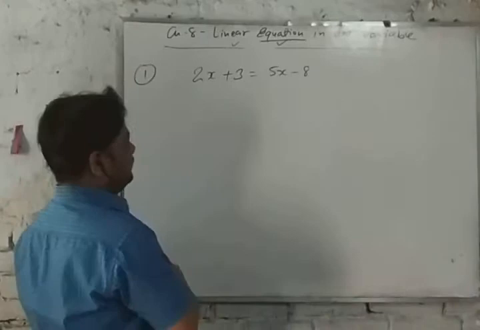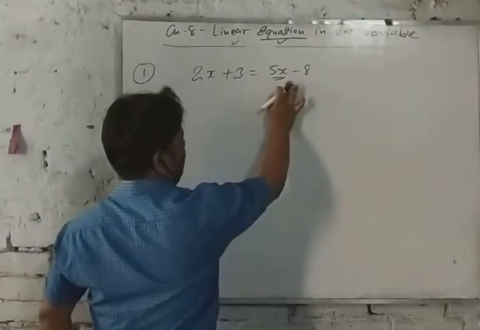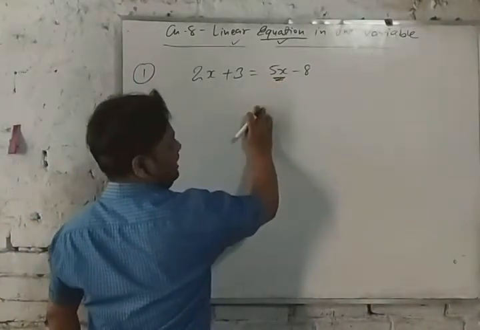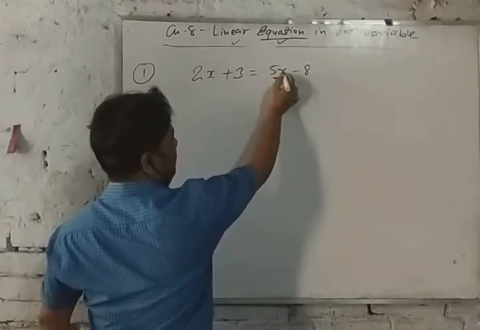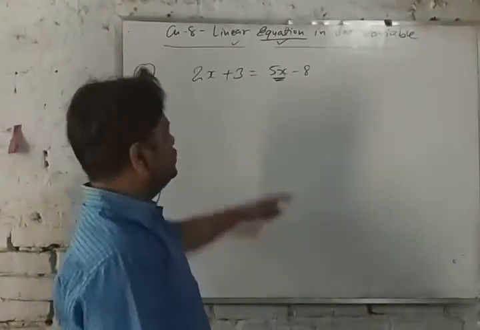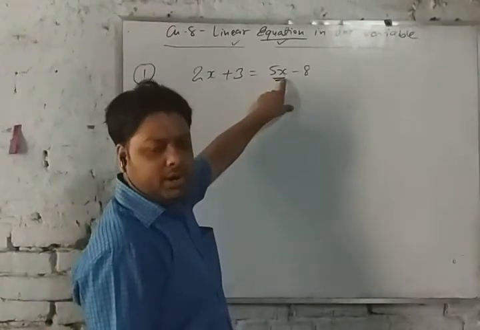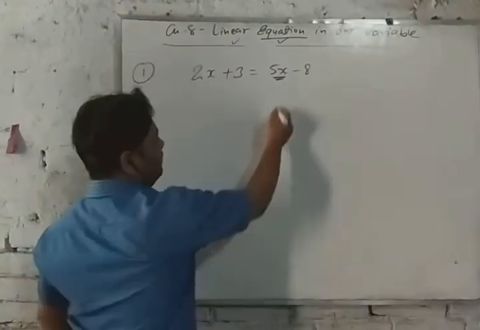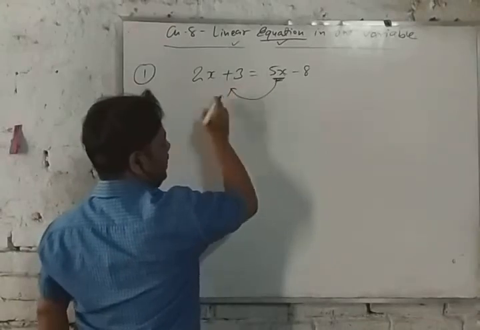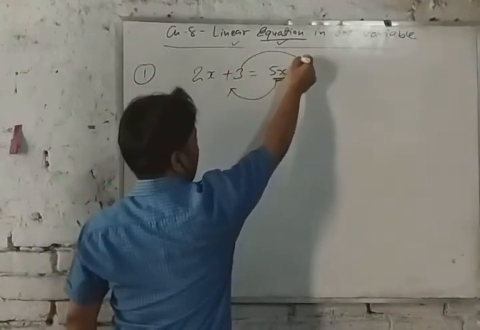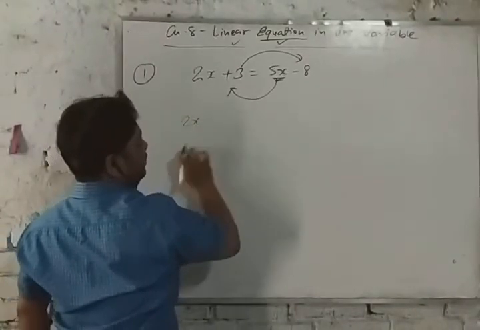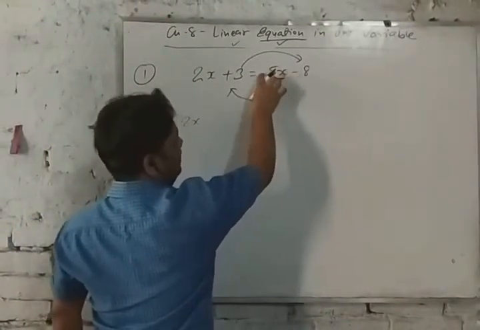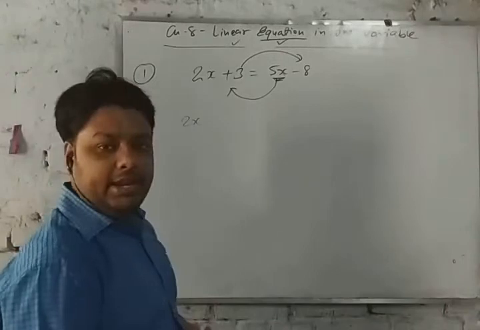Here 5x on the RHS is the variable term. x is the variable, but it also has a constant with it, the product of the number and the variable. So at first we will take 5x to the LHS, and we will take plus 3 to the other side. 2x will stay here. Now 5x has a plus sign.